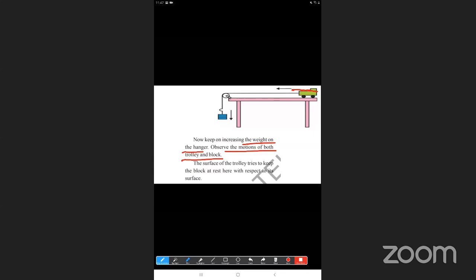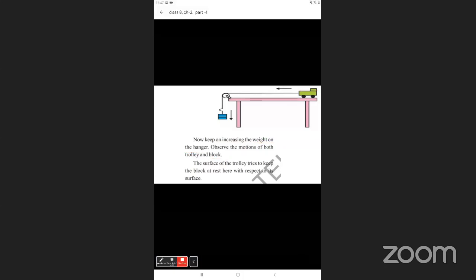Yes. So here this trolley surface tries to keep the block at rest. But here the force of friction by the surface of the trolley acts on the block in the direction of the motion.